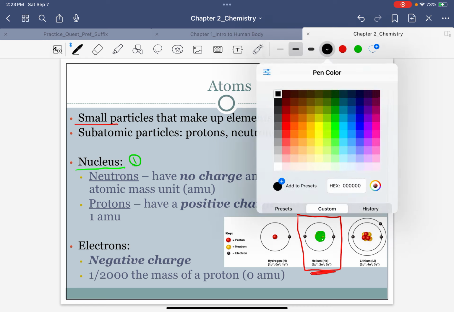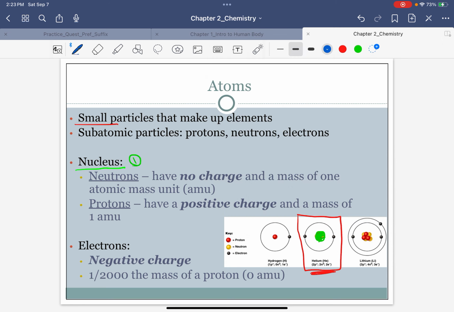And then, let's use blue. Outside of the nucleus are these outer shells that I've put in blue. We tend to call them electron shells, so outer electron shell. Each atom has two structural parts. Let's look at lithium on the right.